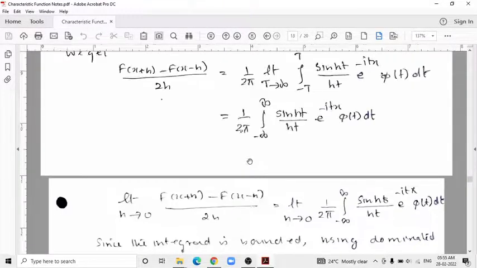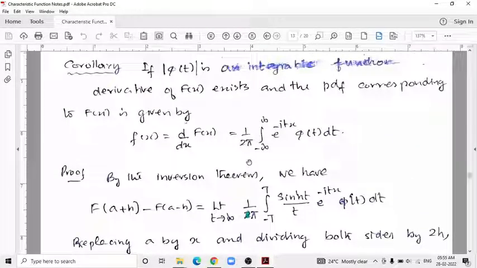So according to this corollary, if a characteristic function is absolutely integrable and the derivative of capital F of x exists, then the PDF corresponding to capital F of x is given by 1 by 2 pi integral minus infinity to infinity e raised to minus itx phi of t dt.